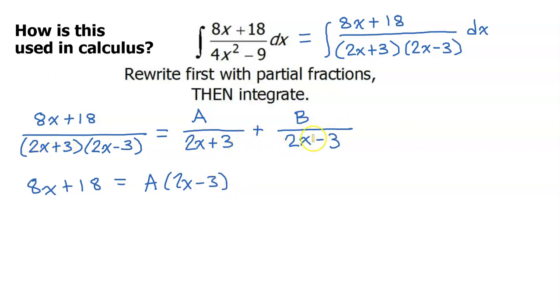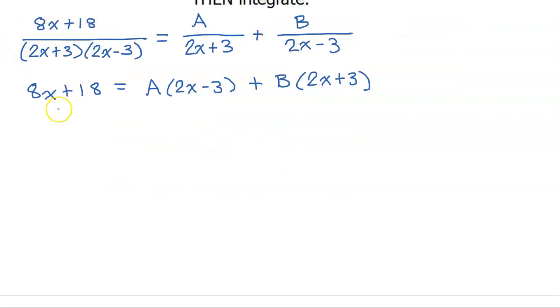Similarly, if I multiply the last term times 2x plus 3 times 2x minus 3, the 2x minus 3 cancels out the 2x minus 3. But that leaves plus b times 2x plus 3. Now let's plug in values of x that will cancel out one term at a time.